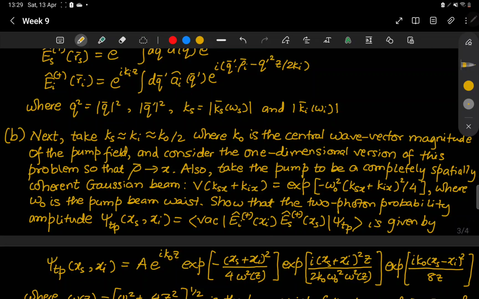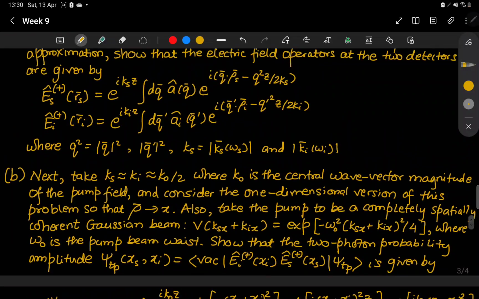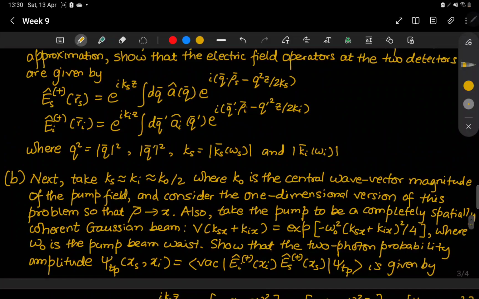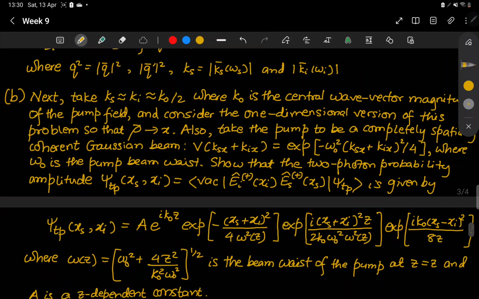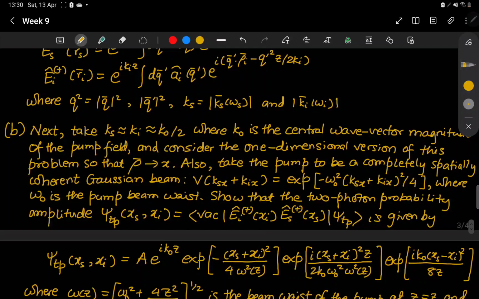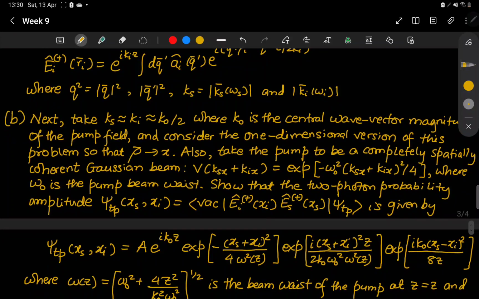Take Ks equals Ki equals K0 by 2 approximately, where K0 is the central wave vector magnitude of the pump field, and consider the one-dimensional version of this problem so that rho becomes x. Also, take the pump to be a completely spatially coherent Gaussian beam, where omega naught is the pump beam waist.